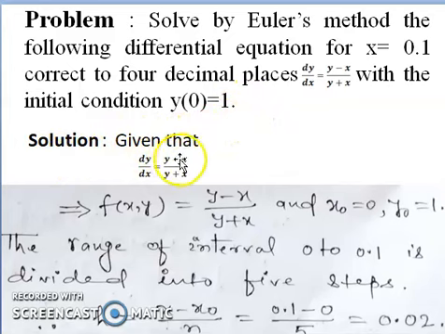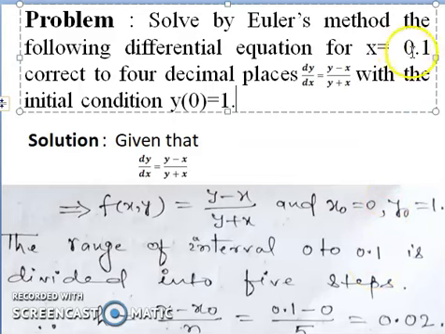Solution. Given that dy by dx equal to y minus x divided by y plus x, so f of x, y equal to y minus x divided by y plus x, and x0 equal to 0, y0 equal to 1. Here the range of the interval is 0 to 0.1 because the value of x is given as 0.1.